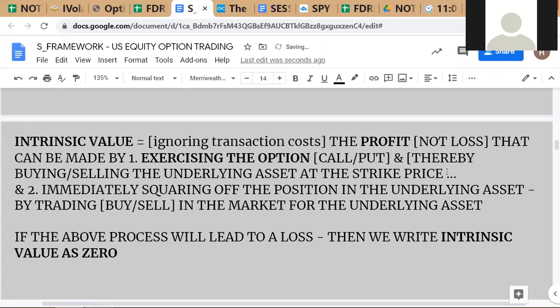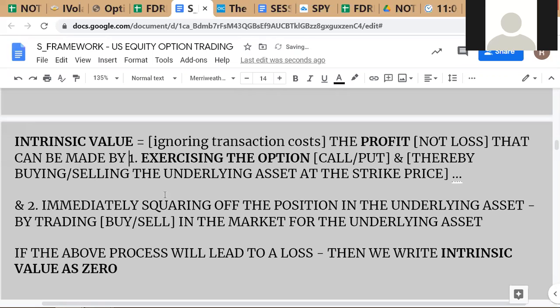let's put this in the bracket so that you understand what is meant by exercising the option. It means to thereby buy or sell the underlying asset at the strike price. This thereby is meant to connect this part of the sentence to the exercise of the option. Okay, this is what is meant by exercising the option. And let me split it up to understand it better.